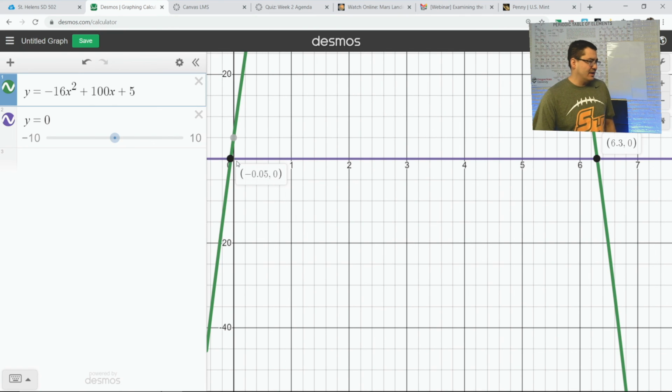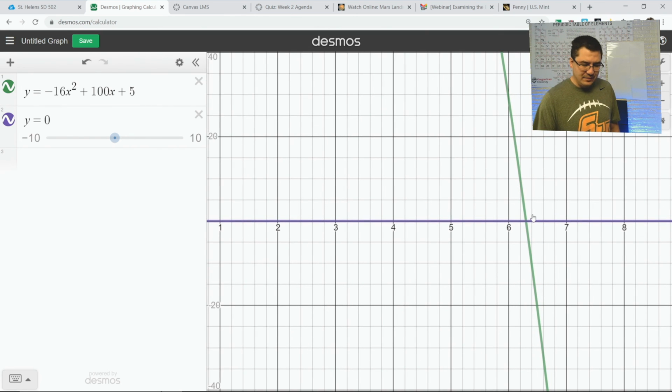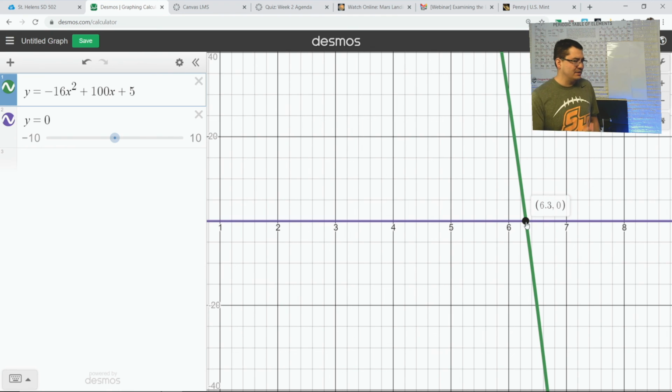And it turns out, if this represents time, the negative one means that it happened before we threw or before we launched the projectile. So the negative answer in physics, a lot of times on these quadratics, won't have a physical meaning. The 6.3, okay, that's where the projectile would land on the ground. So 6.3 seconds after launching it, it's going to hit. So that's the duration that it's in the air.